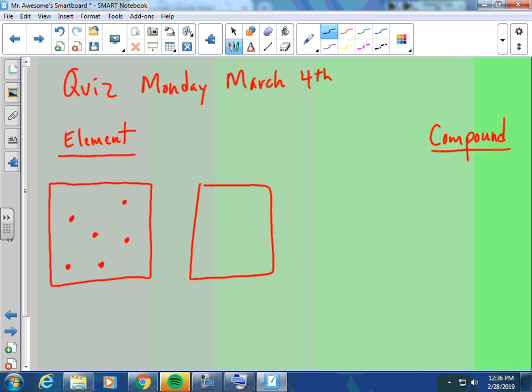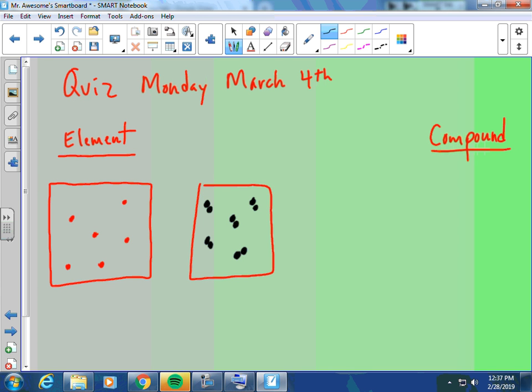You also saw with SQ2 that sometimes we can have diatomic elements, which means two atoms combined. So maybe I have two atoms stuck together. But still, throughout the whole sample, there's only one type of atom in this box. Okay?